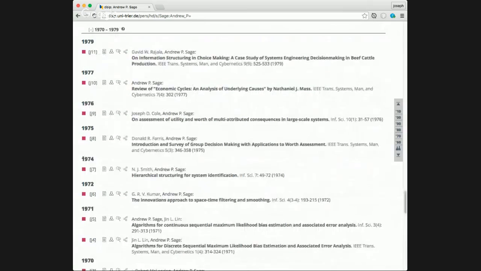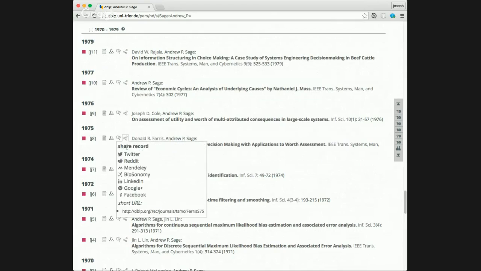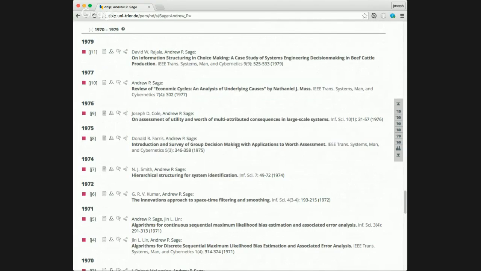Then we start here with an introduction survey of group decision making. Now that's out of electrical engineering, starts to get into large-scale social systems, which is interesting because that's about the same time Warfield was publishing his work at Battelle. In fact, Sage did some of the review of the work that Warfield did at Battelle.